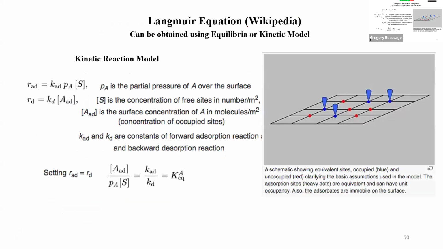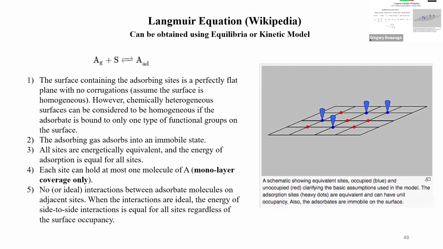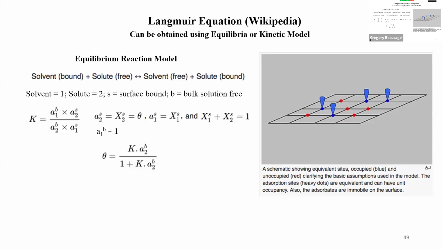So Langmuir is the simplest one. Langmuir is really the only one you can talk about, right? There's two ways to look at it. You can look at it from an equilibrium point of view. You have a chemical reaction where you're starting with two components, a solvent and a solute. One of them is dilute and one's concentrated, and the solute's condensing on the surface, and it reaches equilibrium.